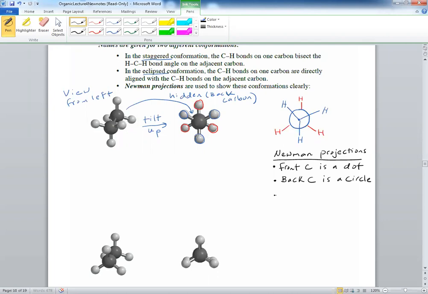And then the most important thing is this angle that is between these, as we said here, H-C-H bonds. So in this case, this is what we call a dihedral angle. And we use theta for this, and it's a 60-degree angle.